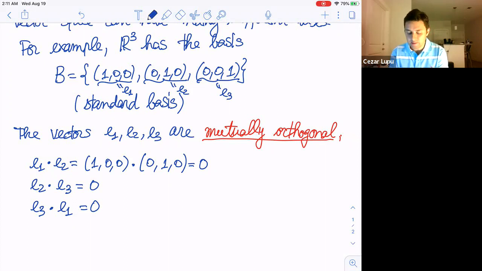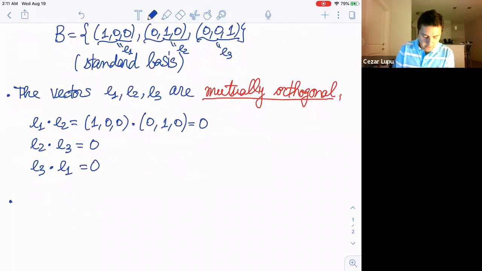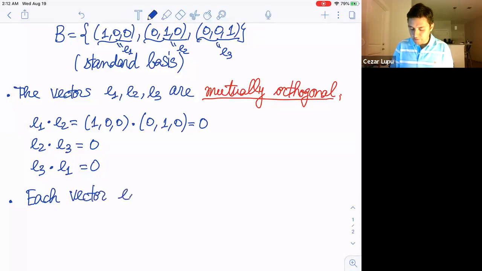But there is also a second important characteristic for these three vectors, and that is that each vector from the basis B, in other words each vector E1, E2, E3, is a unit vector.